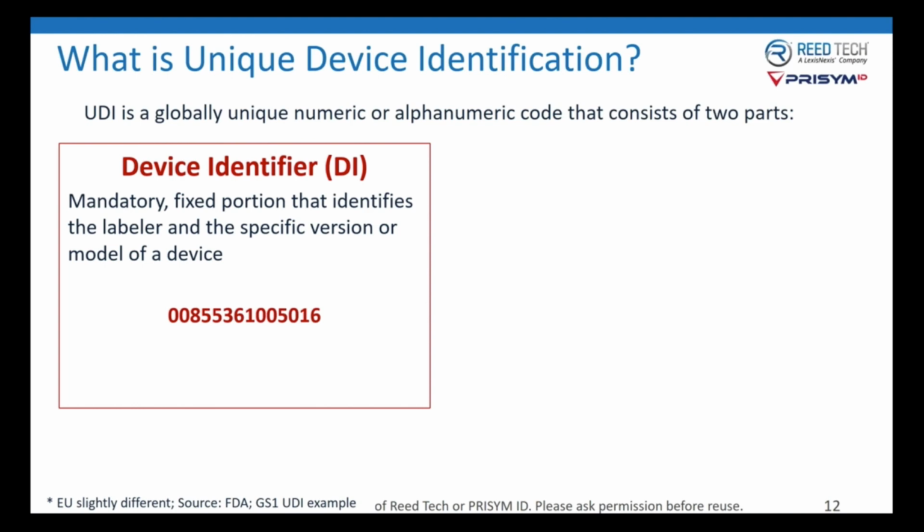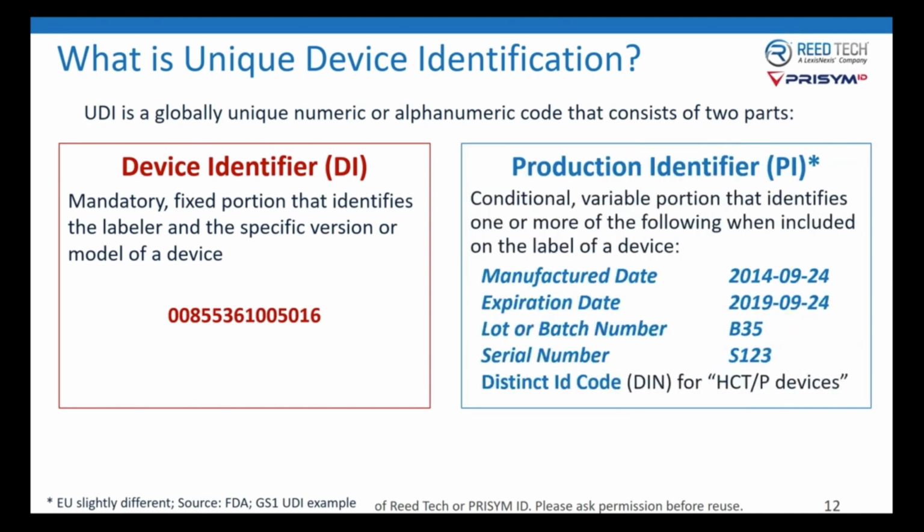A second component is conditional, based on whether or not there are various controls on the product label, and if so, then it needs to be included in the UDI. So you might have manufacturing date, expiration date, lot or batch, serial number. The EU does identify a software as a device version number to be included. They don't make use of the DIN number, such as the FDA.